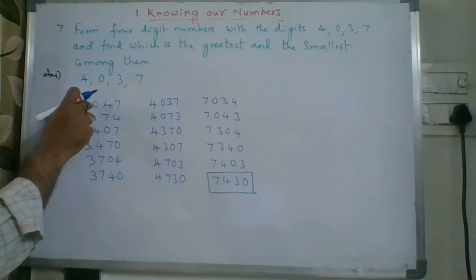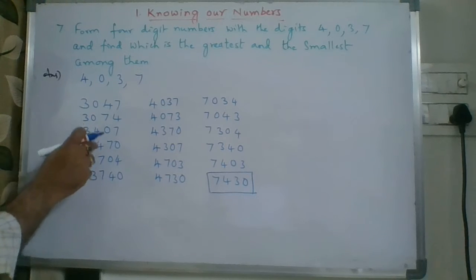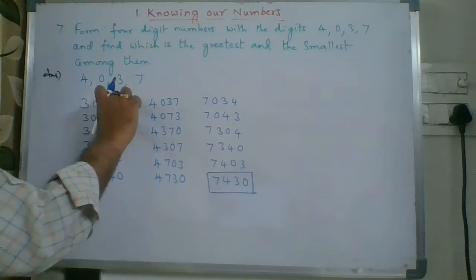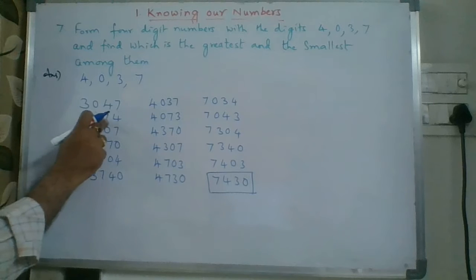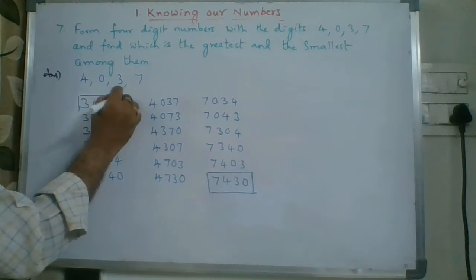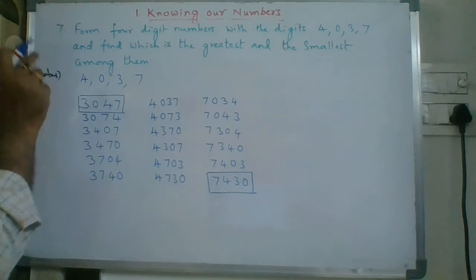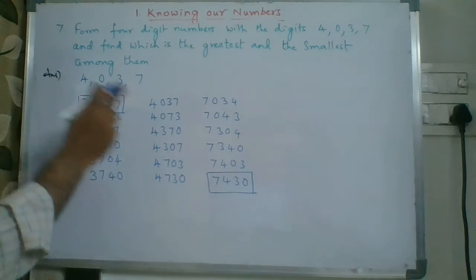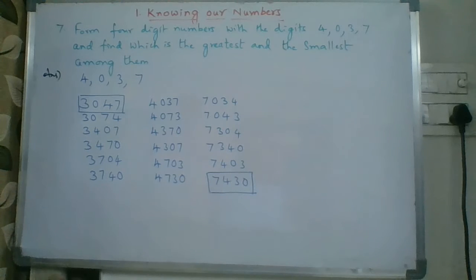So the smaller one is 0 than 4 and 7. Therefore, compare these two, 3047 and 3074. Which is the smaller one? 3047 is smaller. Therefore, 3047 is the smallest among the given numbers, and 7430 is the greatest number.